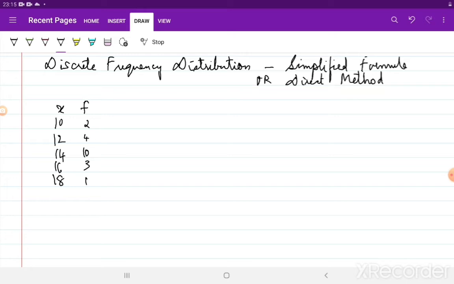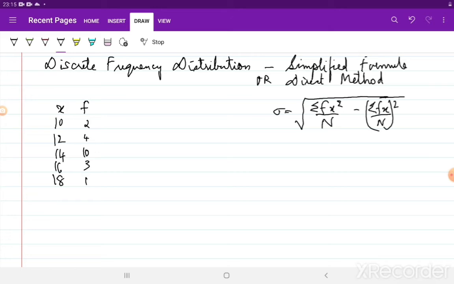If you remember, the simplified formula is summation fx square by n, where n is your total frequency or total number of observations, minus summation fx by n, which is squared, right?